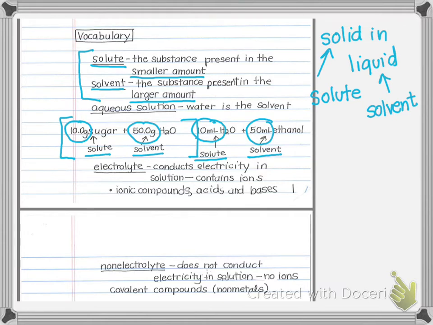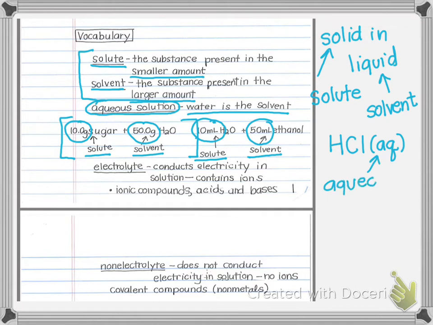When water is the solvent, we have a whole name for that, and that is an aqueous solution. So if something's an aqueous solution, all that means is that water is the solvent. Oftentimes in a chemical equation, you may see it written this way: you'll have the formula of the compound, and then behind it, you'll say aq. And that just means that it's aqueous, or water is its solvent.